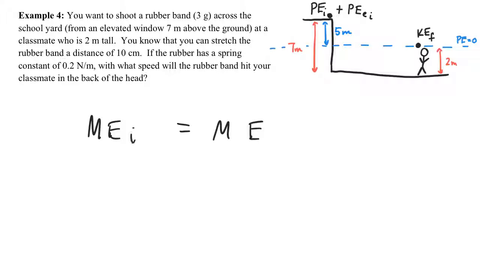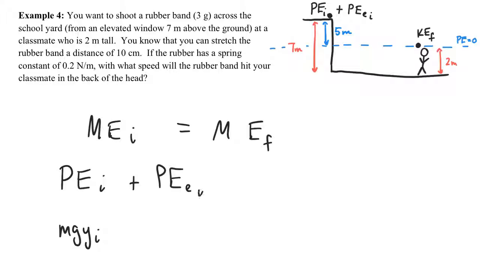So in the beginning, this object has two types of potential energy: due to its height, that's mgyi, and due to its elasticity, its stored energy because it's being stretched. At the end, the object only has kinetic energy.